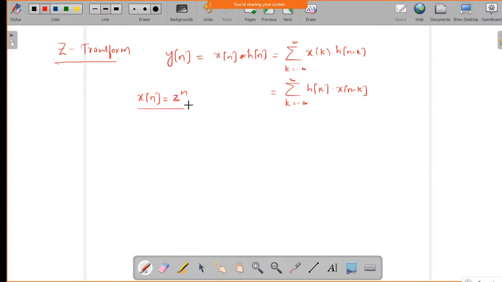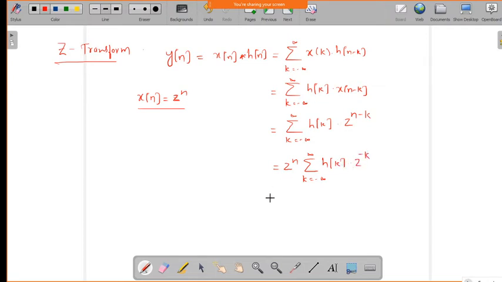If you substitute that, k equal to minus infinity to plus infinity, h of k as it is, and x of n minus k, where x of n is z power n, becomes z power n minus k. If you take z power n outside, you have z power n into the sum over k equal to minus infinity to plus infinity of h of k into z power minus k.